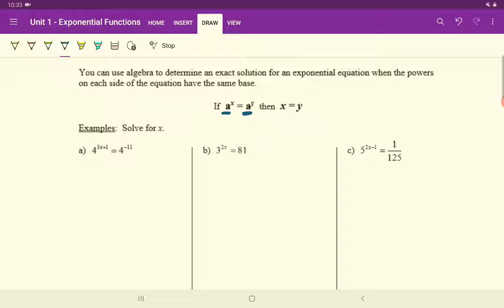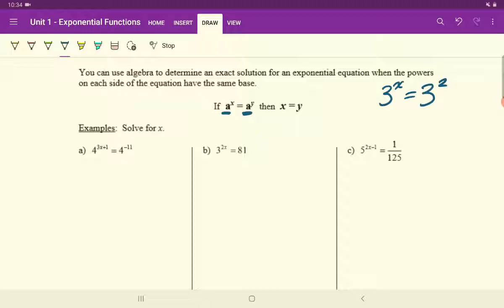For example, if I had a very basic example, 3 to the power of x is equal to 3 to the power of 2, and I asked you to solve for x, determine what x must be. You're finding the x value that makes the left side equal to the right side.